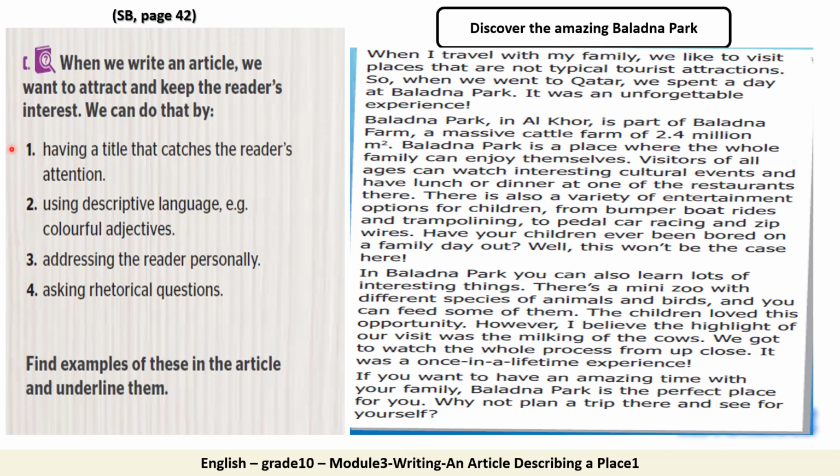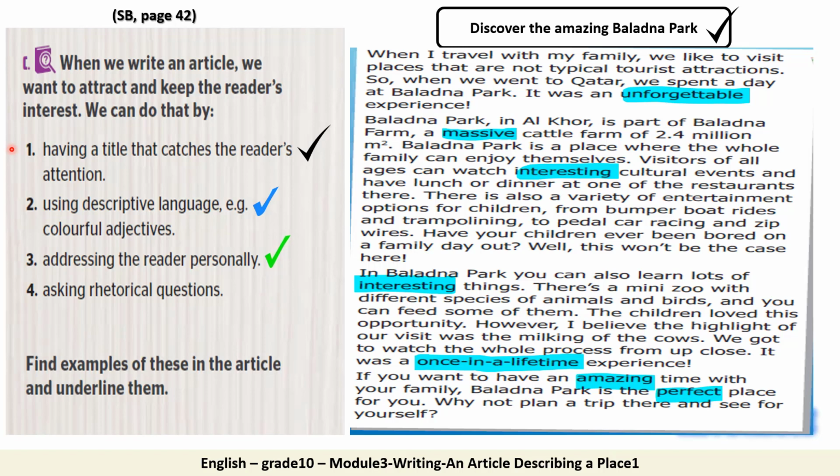Let's check your answers. Yes, having a title that catches the reader's attention, for example, Discover the Amazing Baladna Park. It's a catchy title. Or using descriptive language, for example, the adjectives we have in the text: unforgettable, massive, interesting, once-in-a-lifetime experience, amazing, and perfect.